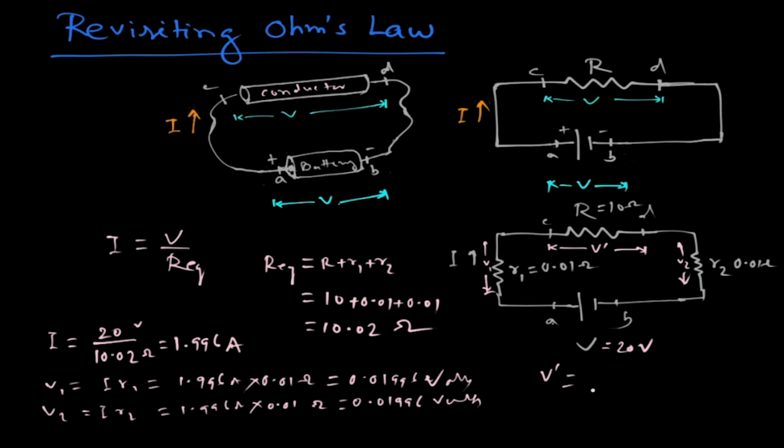This V dash is equal to this current 1.996 into resistance R, that is equal to 10, so it is equal to 19.96 volt. So here we have applied the Ohm's law to all the resistances individually.